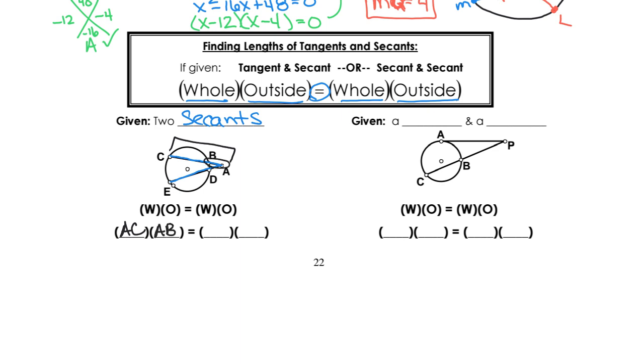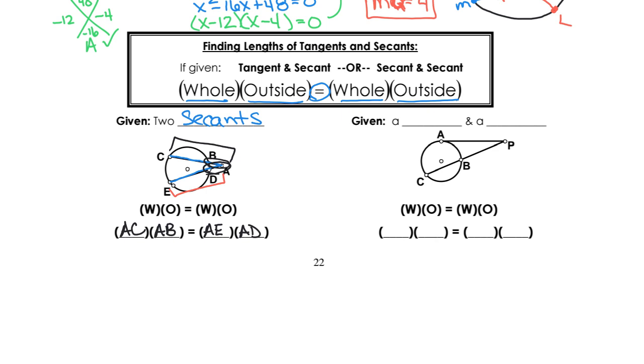If we look at the other secant, this one here, the whole thing would be called AE. The outside part would be called AD. And so if we had the lengths of those line segments, we would plug them in and solve our equation.